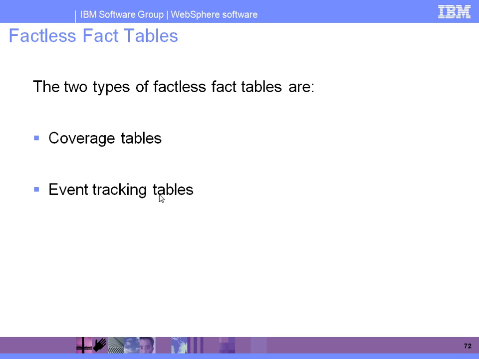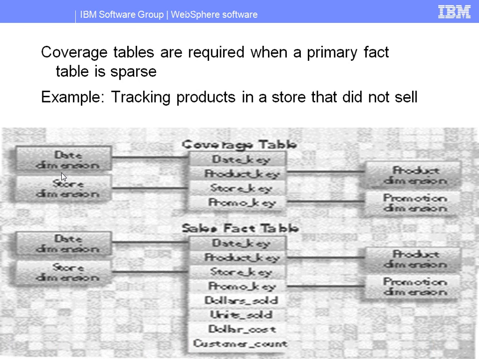If there are no measures in a particular fact table, then the table which we create with only foreign keys is called a factless fact table. These factless fact tables are generally used to do a kind of tracking. For example, I want to know what stock is available in my store. That is, the products which did not sell to customers in the store.